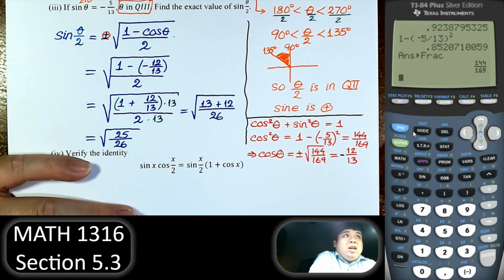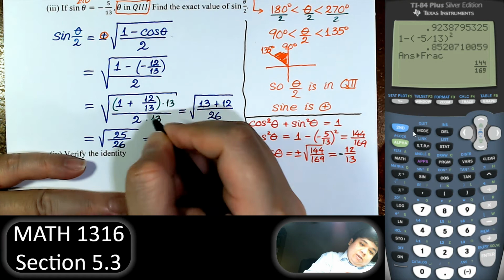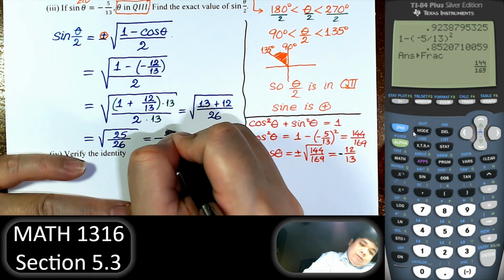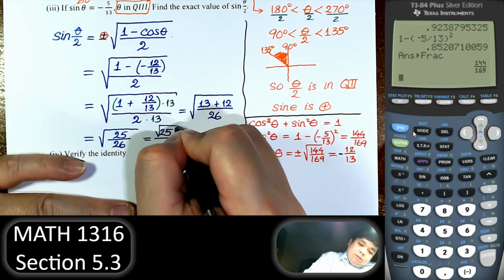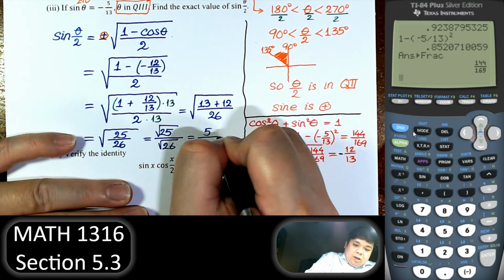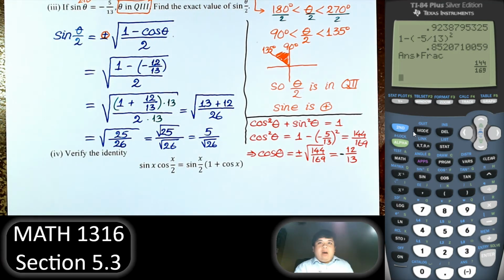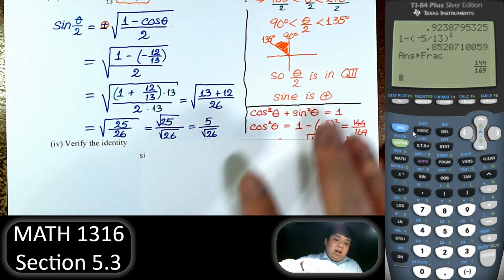Of course, if we split, it's going to be 5 over square root of 26. And usually we multiply square root of 26 top and bottom to rationalize the denominator, but I don't have to.